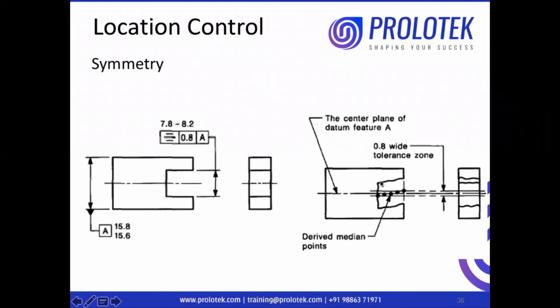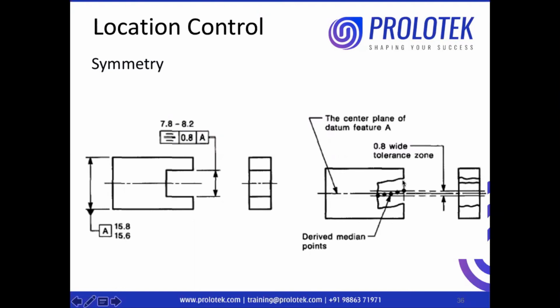So after manufacturing, you may end up with a slot like this. The center of that slot, which is nothing but the derived median point, can be anywhere within these two parallel planes, 0.8 mm apart. If all the derived median points are within these 0.8 parallel planes, then we call that the slot center plane is symmetric with the datum plane.